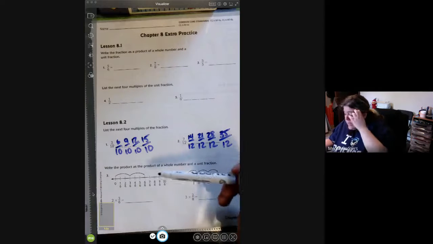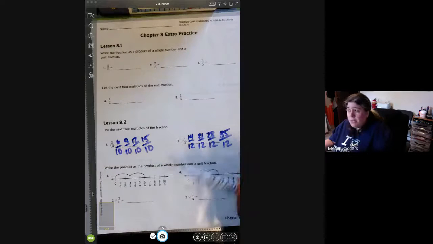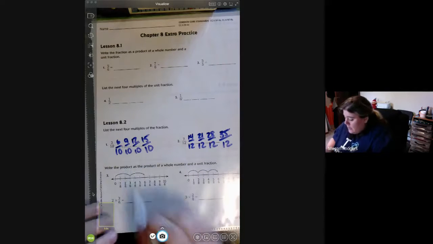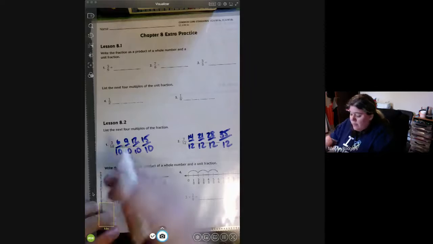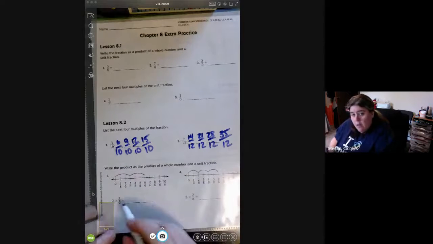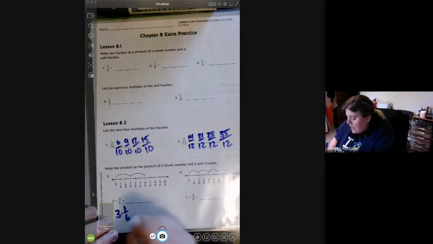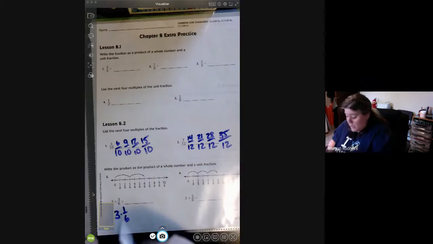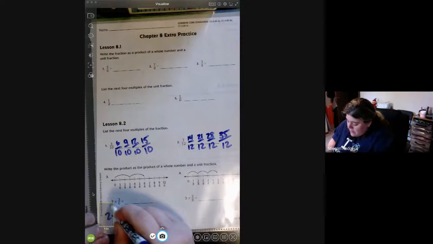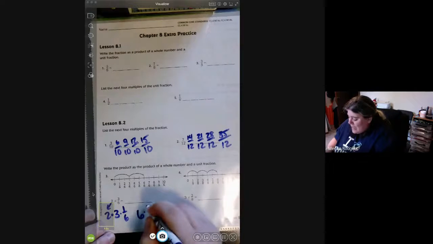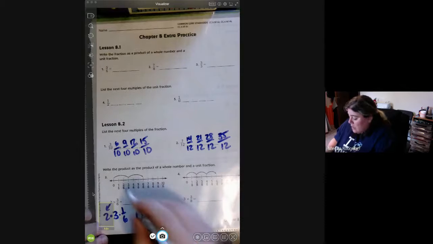Now, writing this as a product of a whole number and a unit fraction, if we didn't have the number line, this would be a little trickier. I'm going to do this one as if we didn't have this number line. I would have to take my 3/6 and write it as 3 times 1/6, just like we did last week. But I also have this extra 2 out here. So now I know I have 6 times 1/6, which is what it's looking for.